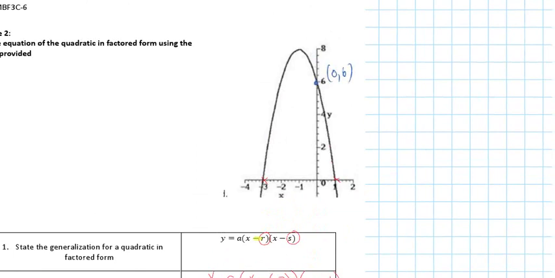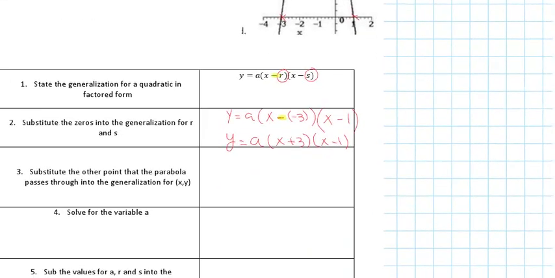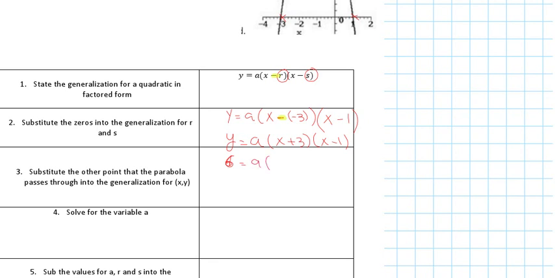So you see that this point here, (0, 6), can replace x and y. I'm going to plug in 0 for x. I'm going to plug in 6 for y. So look at this. Y is 6. X is 0. That's the letter a.